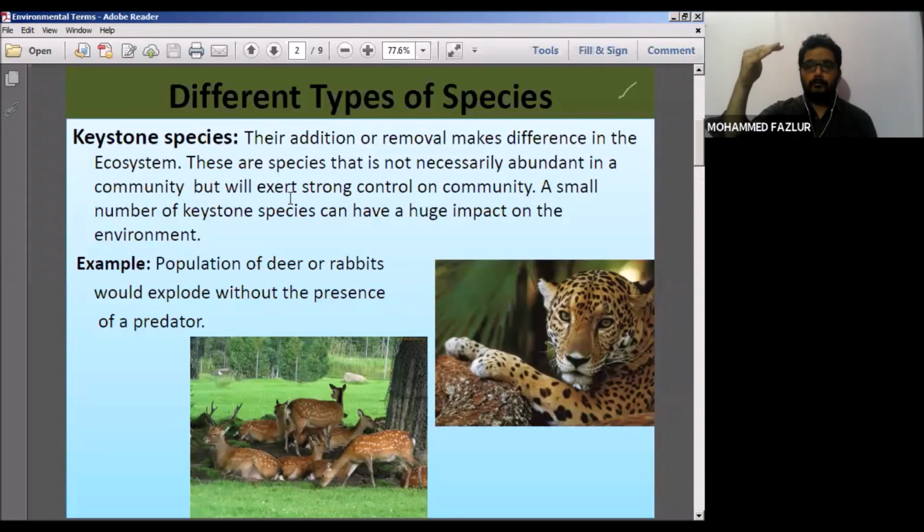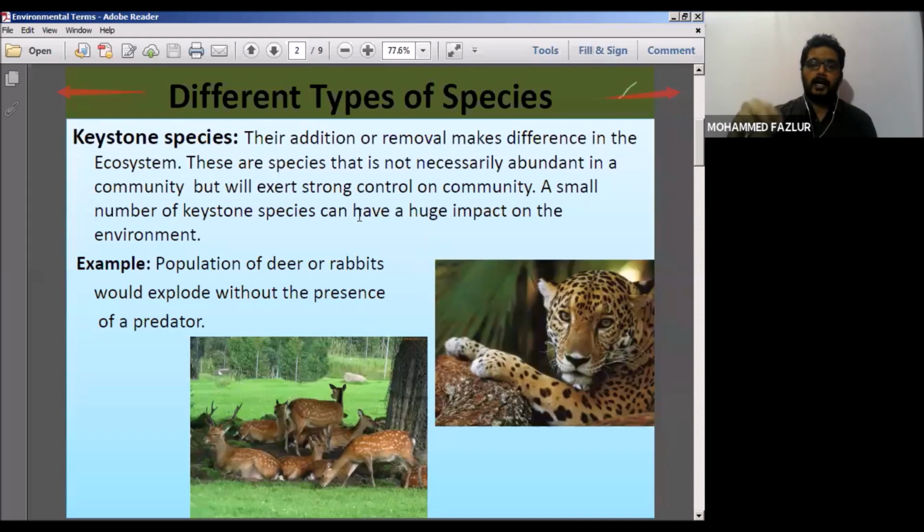Now one trophic level is linked to another trophic level. In case the first trophic level, that is carnivores, increases in number, suppose there are more tigers in that ecosystem. With more tigers, what will happen?